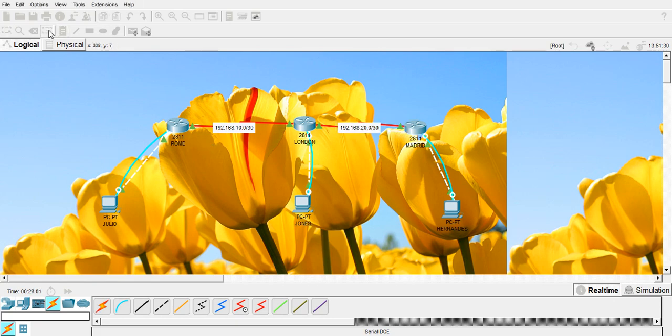Here I had 172.16.1.0/28. Okay. Here I had 172.16.2.0/28. Here I had 172.16.3.0/28. Okay. Good.